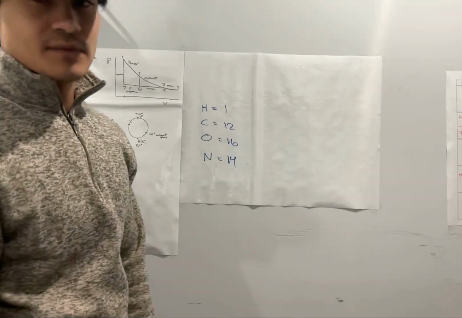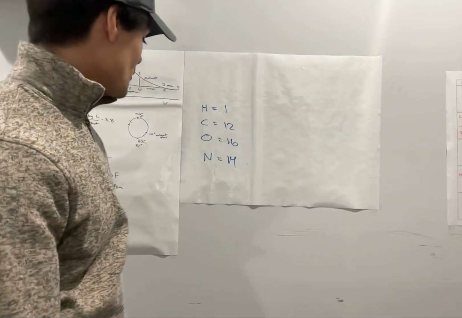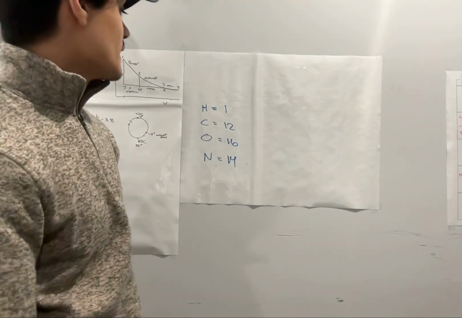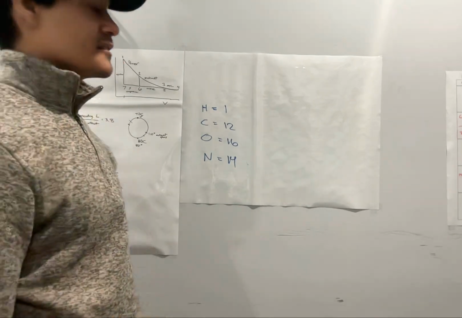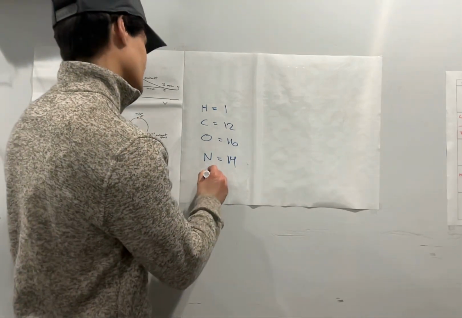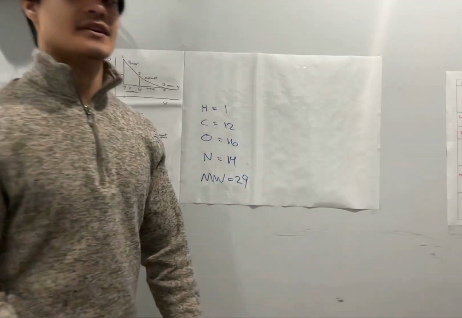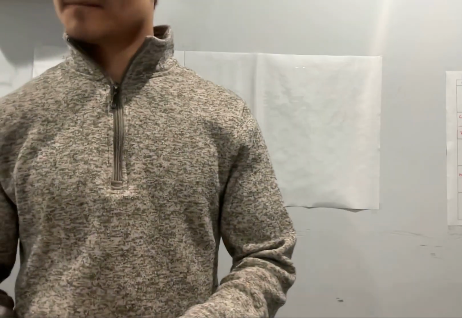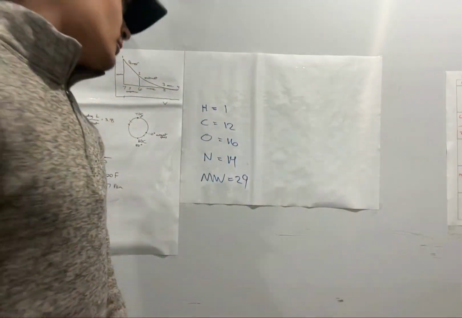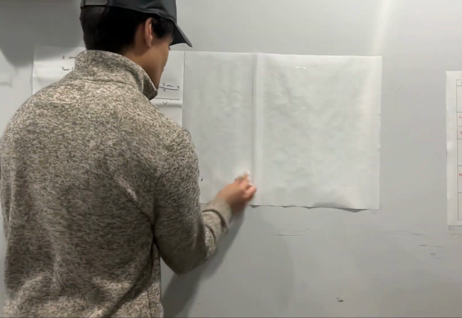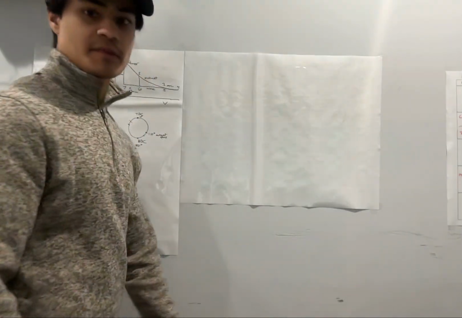Maybe lithium is 3 or 4, I don't remember. But these are the ones you should know and remember. And one last thing, the molecular weight of air is roughly 29 grams per mole, because we're going to be using that a little bit. So with that, we can begin.